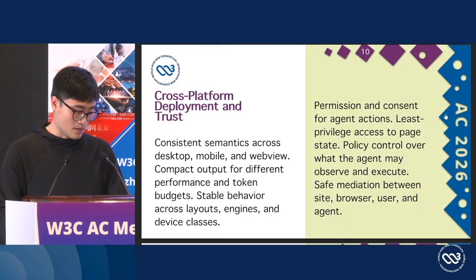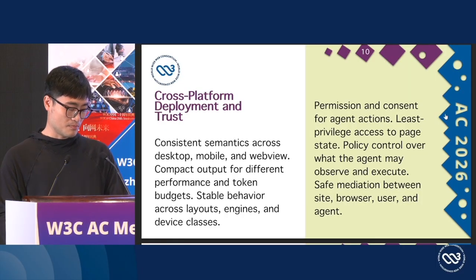This has to work across platforms, not just in one browser environment. The same agent task may move across desktop, mobile, and web view contexts. So the semantics need to stay stable even when the layout, rendering, and performance conditions change. And the browser still remains the trust boundary.